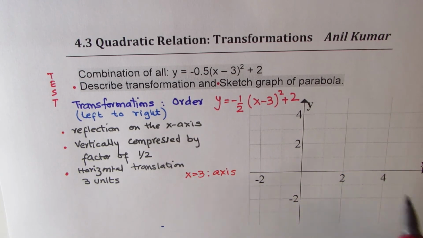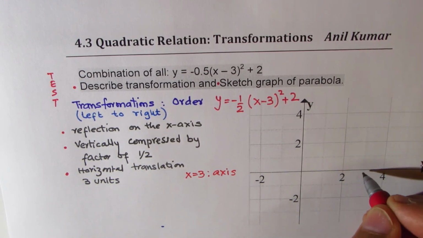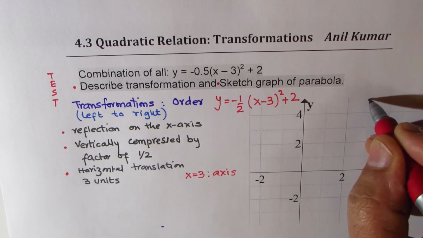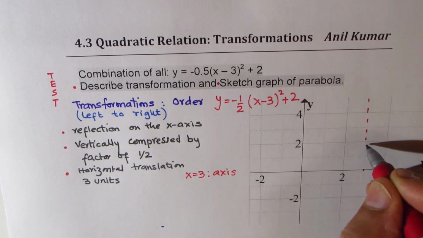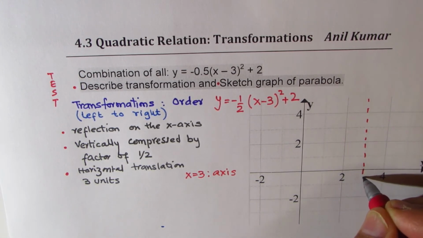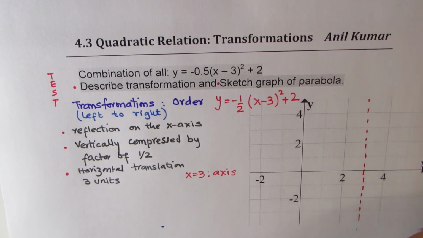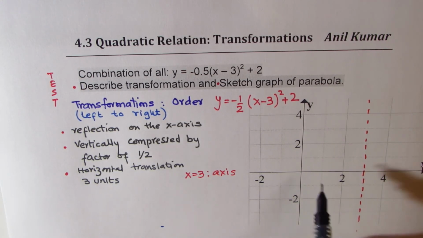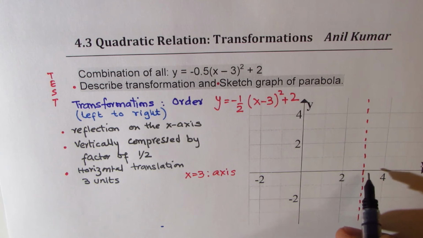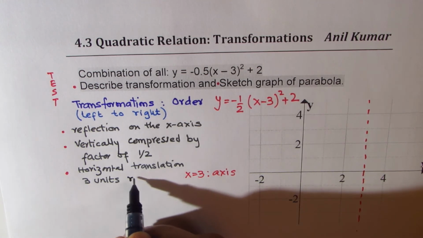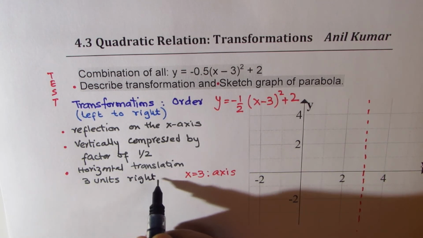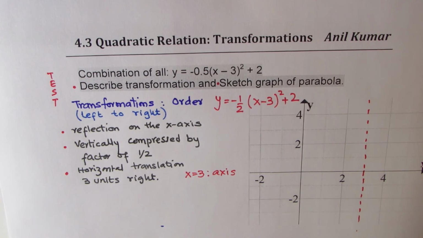It is on the right side. So on a graph, x equals 3 will be the axis. Let me sketch this axis here to show you the significance of this point. Is that clear? It is on the right of the origin. So 3 units right. I hope that will help you to always get it right.